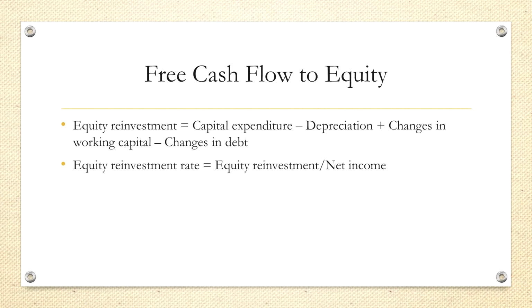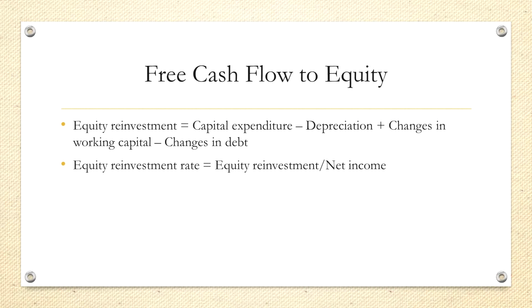Here's another equation for equity reinvestment. Equity reinvestment equals capital expenditure minus depreciation and amortization, which is net capital expenditure, plus changes in working capital, that is investment in working capital, and minus changes in debt. That gives you the number for equity reinvestment.